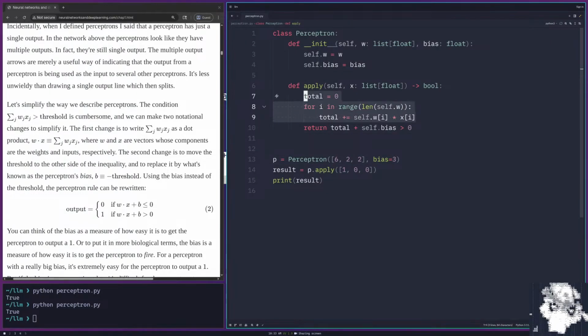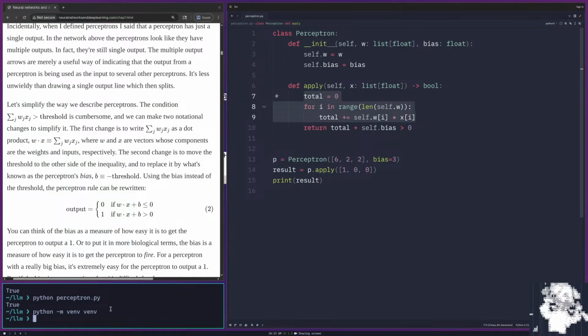This is a dot product, but let's use the opportunity to switch to using NumPy. So I'm going to make a virtual environment here, python -m venv.